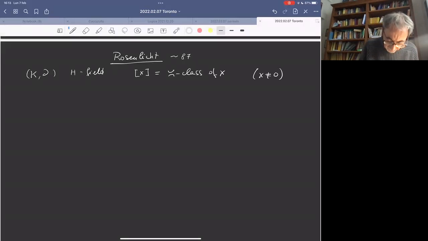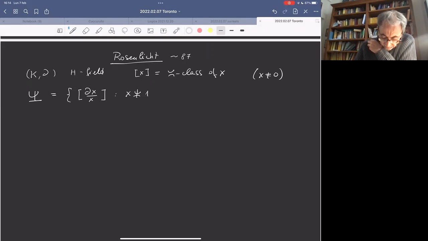Okay, now there is an important set which is called psi, let's say the Rosenlicht psi set, which is the set of all logarithmic derivatives of elements which are not equivalent to 1 and different from 0. So recall that this is X dagger, right?